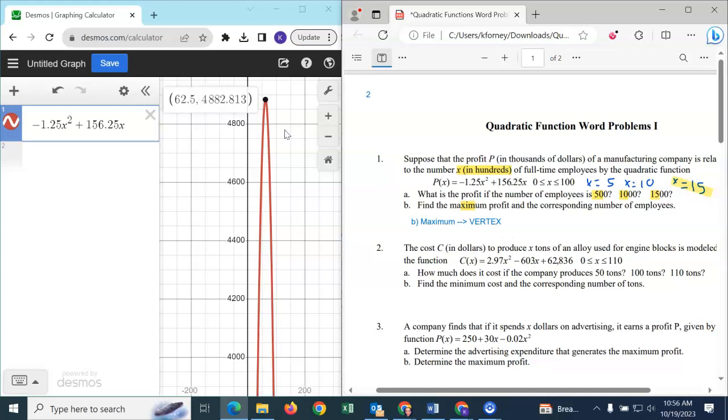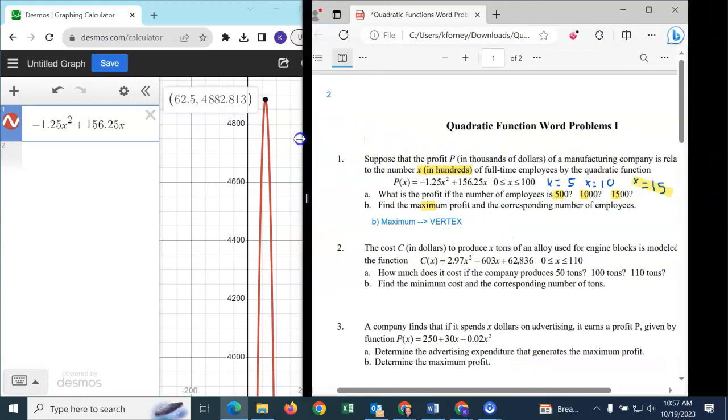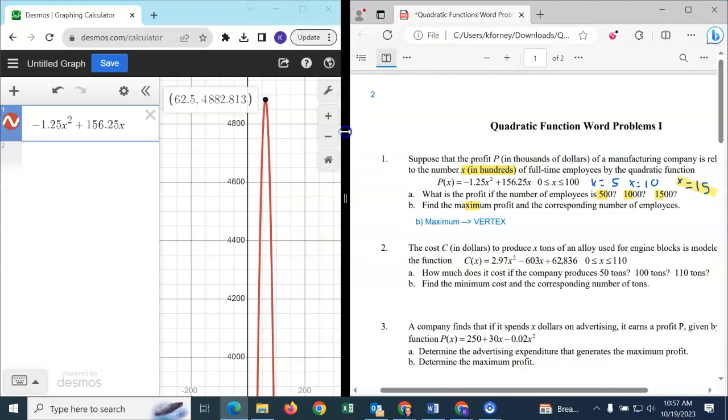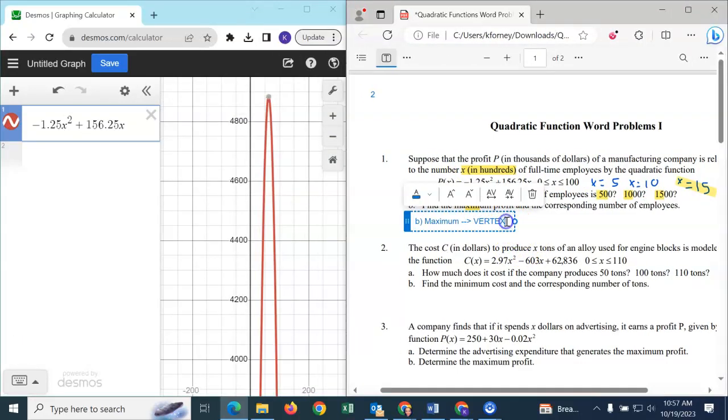So if I'm looking here, what does the 62.5 represent? That is X. So if we go back into our word problem, it says the number of X is the employees.